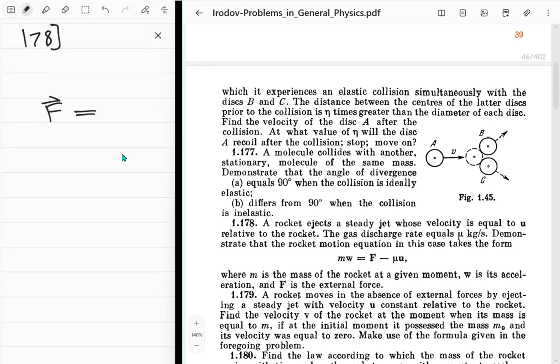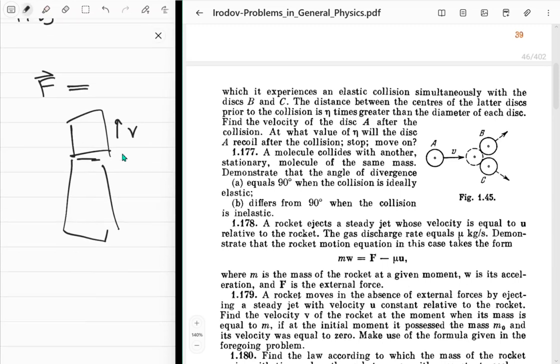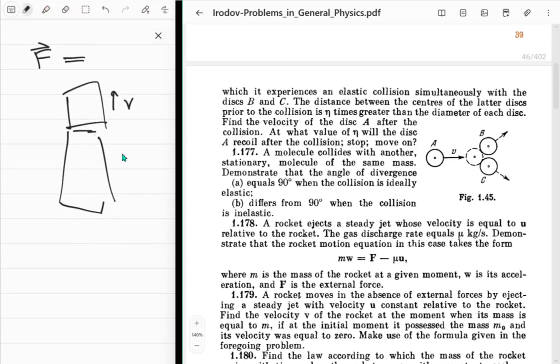The ejected gas has some momentum. You have this rocket, moving up with some velocity v, and it's ejecting gas at some relative velocity u.